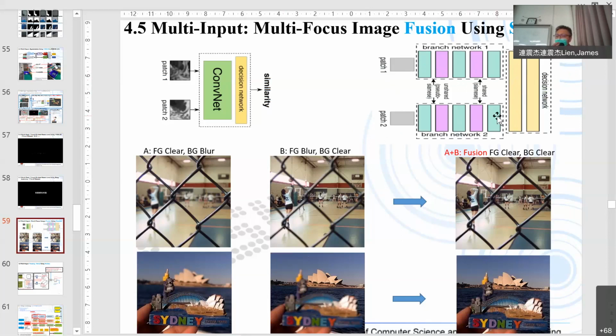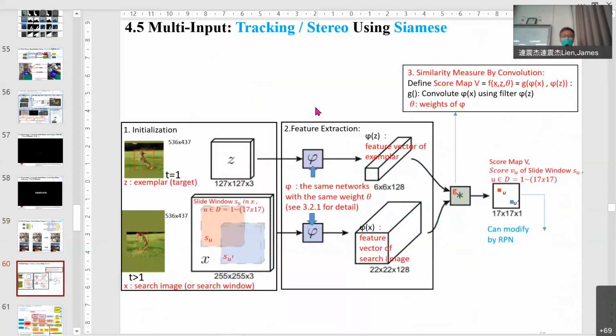I always say not everything needs a complicated network. Sometimes we still need a simple network like VGG or ResNet. Many people using Siamese networks use VGG16 for the inputs, and they concatenate and output what you need. We call this Siamese. Okay, and next is tracking.